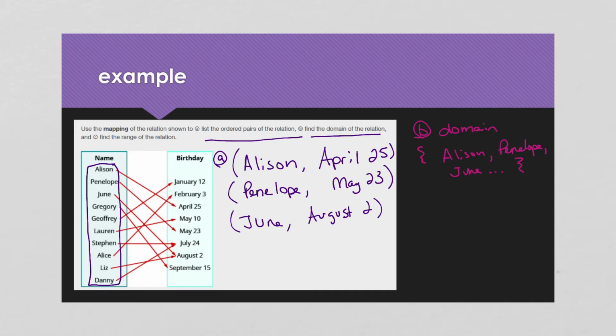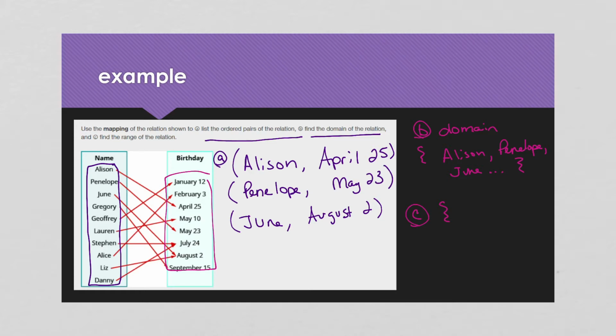So on part C, it says find the range. The range, you would simply list all of the birthdays. Now, here's the thing. Notice that July 24th and August 2nd have two lines going to them. You don't have to list July 24th and August 2nd twice.